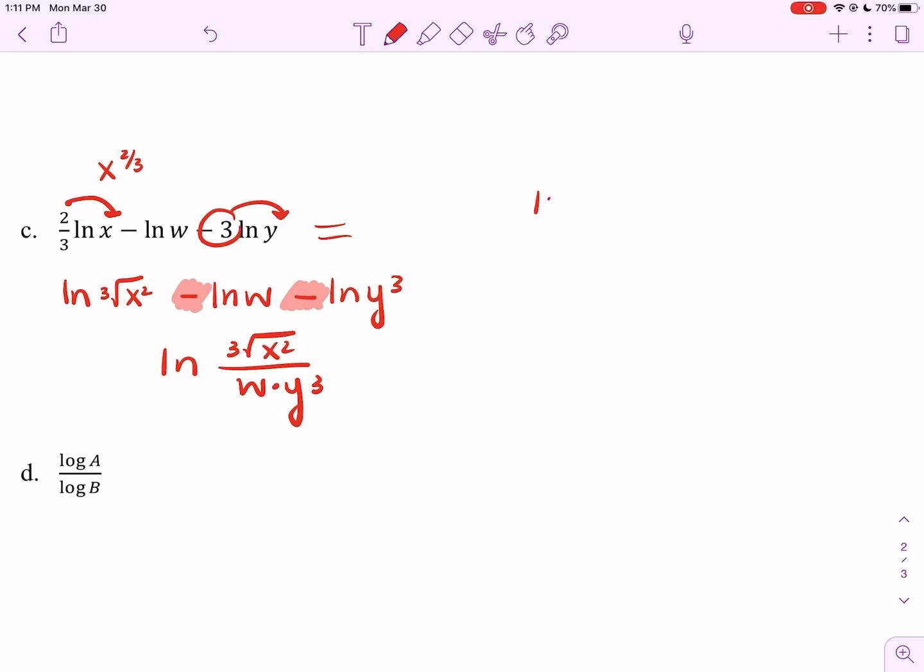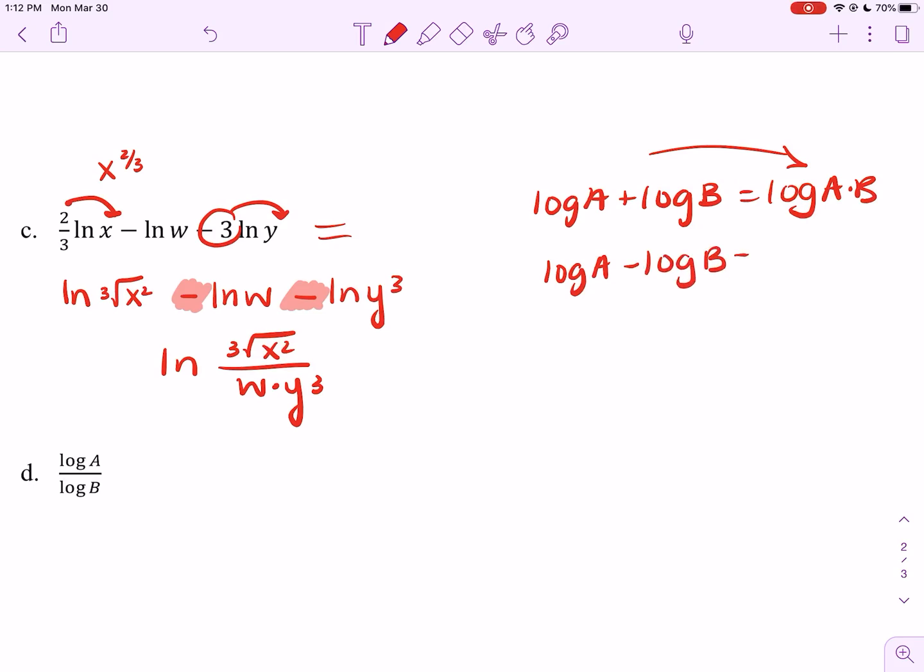Remember, anything that is log a plus log b is equal to log of a times b. So when we condense them together, it will give us multiplication. But if you have log a minus log b, that will be equal to log of a over b. So when you condense them, that will give you division.